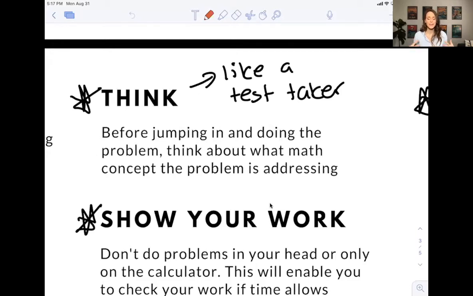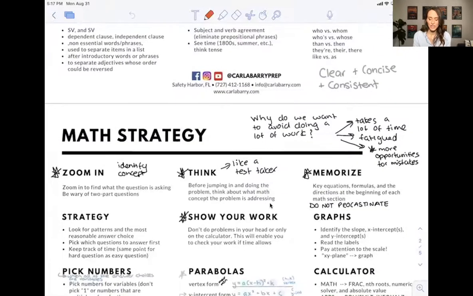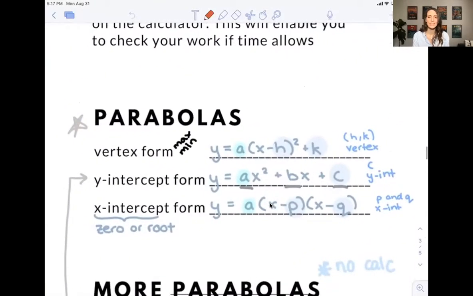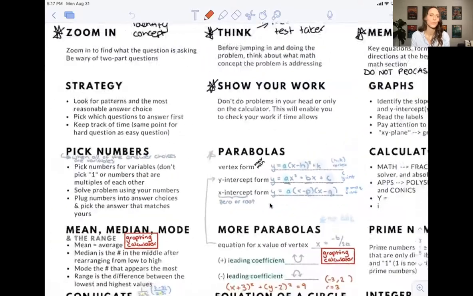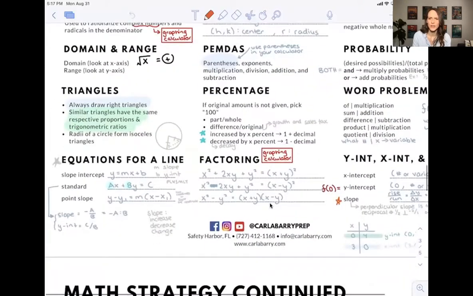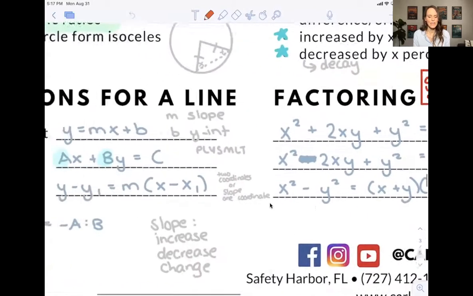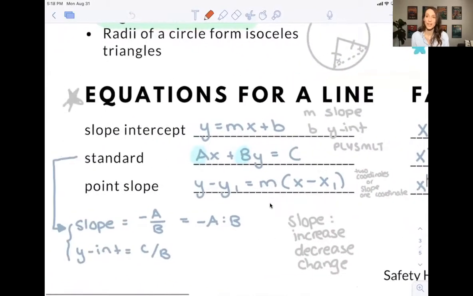So we want to think, and I like thinking in terms of the core concept. If I see a question, I'm immediately thinking, hey, is this a parabola? Is the parabola in vertex form, y-intercept form, or x-intercept form? Can I factor the information that they gave me? Did they just give me the equation of a line? Is this just y equals mx plus b?